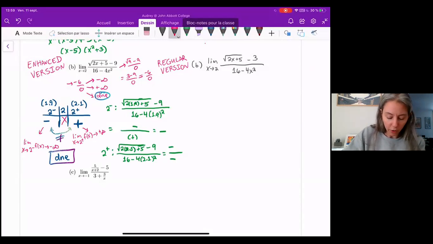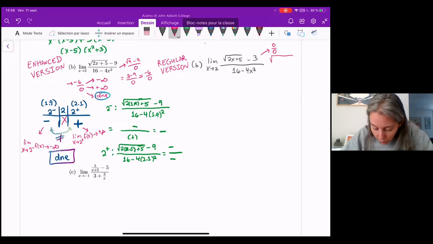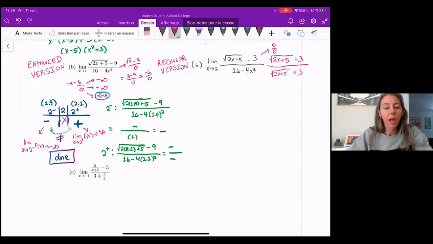Now if you have the regular version, when you plug in, you actually do get 0 over 0, which means that we would rationalize. So I would multiply by root 2x plus 5 plus 3 over root 2x plus 5 plus 3. My goal being to eventually cancel out a factor of x minus 2.